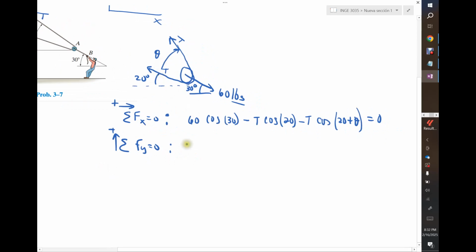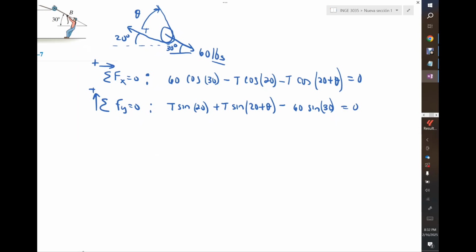So we got t sine of 20, that's going up, and then we have plus t sine of 20 plus theta, that's going up, minus, then this is coming down, so that would be minus 60, in this case sine of 30, and that would be equal 0. So that's what we got.